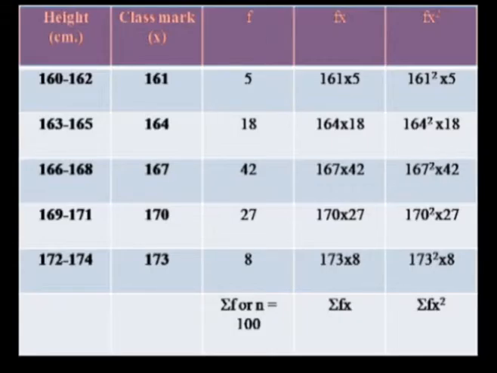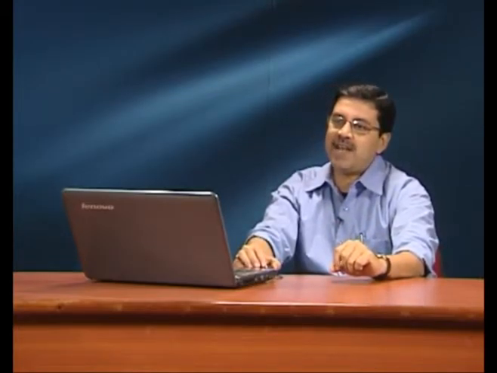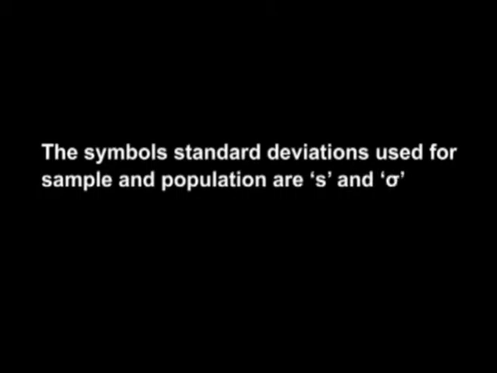In the last row, you find summation f, the total number of observations, 100, summation fx, and in the last one summation fx square. As the value is derived from a square root, a plus minus symbol is used before writing the value of standard deviation. The symbols that we use for standard deviation for population and sample are different. In case of a sample, it is small s, and in case of a population, we use the symbol sigma.